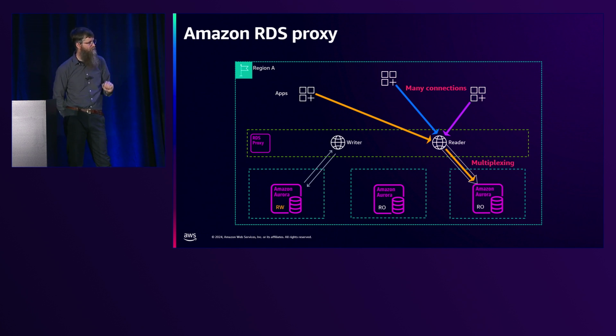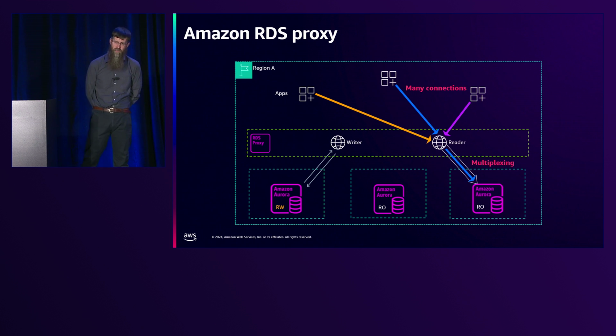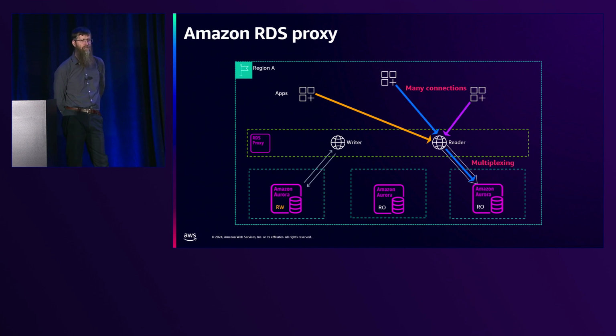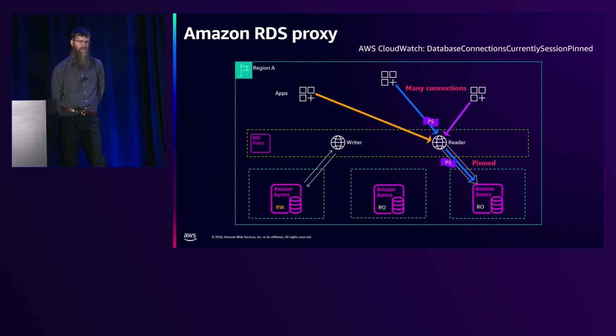So yellow one goes through, no problem. Okay, now your blue one's gone through. It had to wait, it was queued up because we had a maximum limit of 1. So the blue one's executing, and then the blue one's done something, in this case a prepared statement, that's caused pinning. So pinning means that this pooled connection in the back there can't be used by some other session that comes after it.